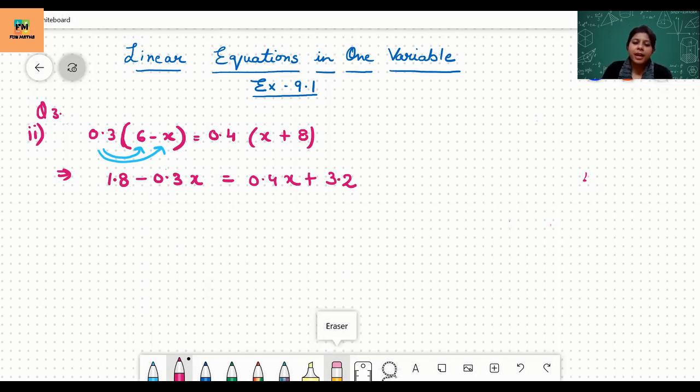Now, if you see, we have these two terms with variables and these two are only constants. So let's bring the variables on one side and the constants on the other side.